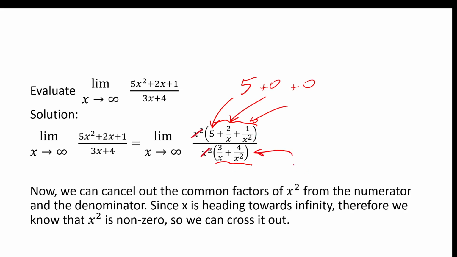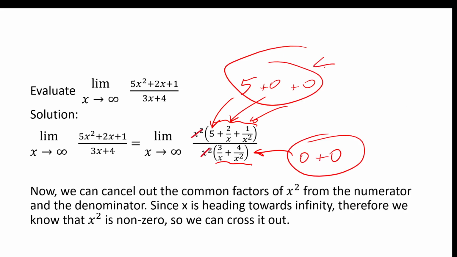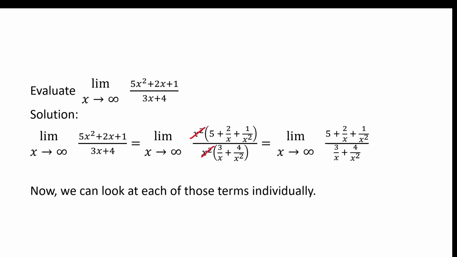Underneath, you have something with a limit of 0 plus something with a limit of 0. So ultimately, you've got a finite numerator over a denominator that's infinitesimally tiny. And as that denominator gets smaller and smaller, 5 divided by it will get infinitely large, and so the limit will be infinity.